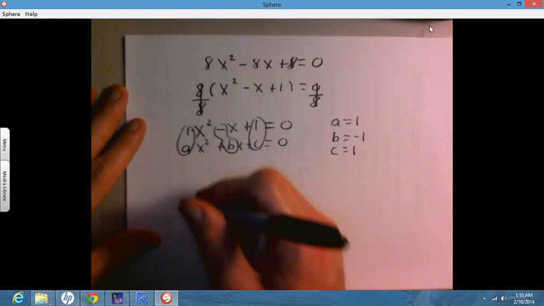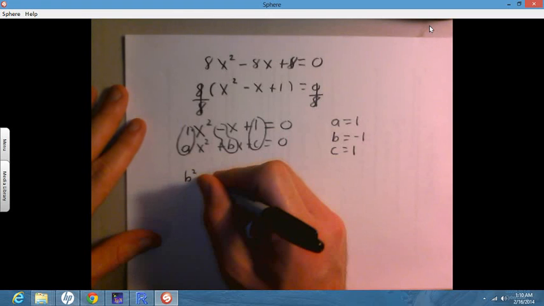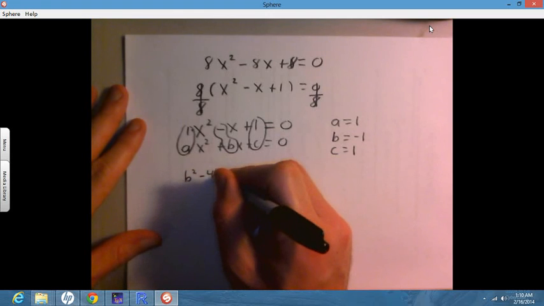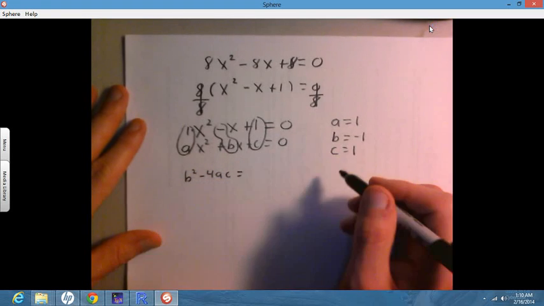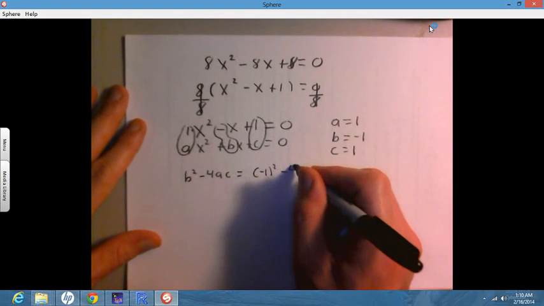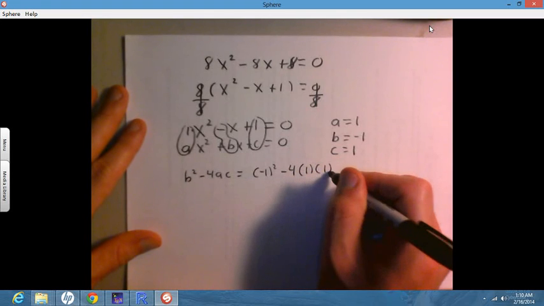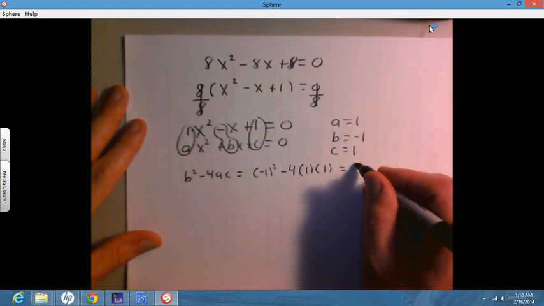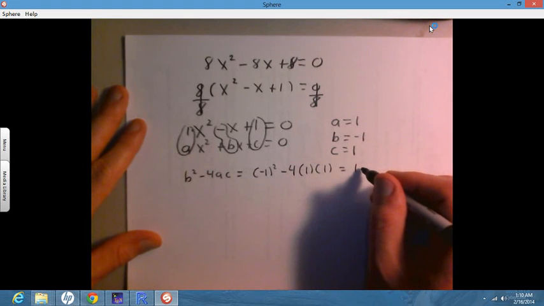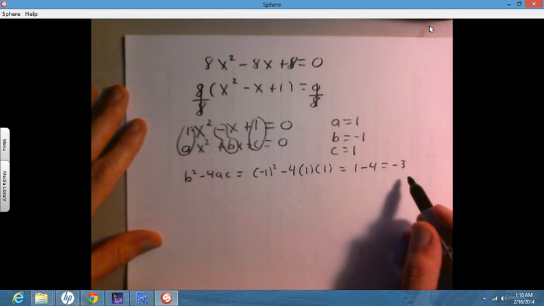So the discriminant is given by b squared minus 4ac, which is going to be equal to negative 1 squared minus 4 times a times c, which is 1. Well, negative 1 squared is just 1, and 1 times 1 times minus 4 will be minus 4, which is equal to negative 3. So this tells me I'm going to have two imaginary roots because it's a negative number.